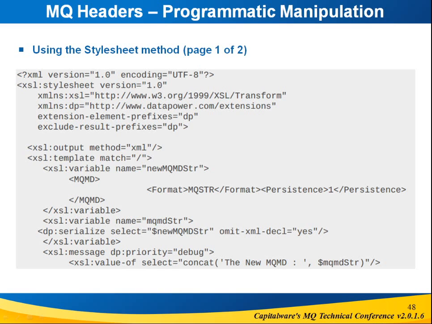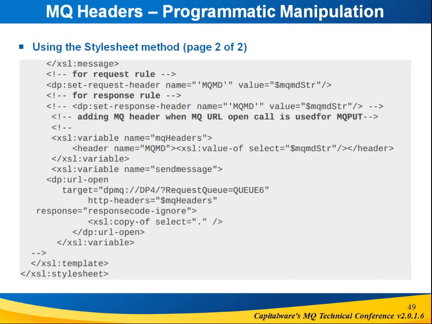So this is a snippet of a style sheet showing a template which is constructing a variable called new MQMDSTR, consisting of, again, the full XML layout of that particular structure, setting the format to MQSTR and the persistence code to 1. Having done that, we then serialize that particular string variable into a separate variable which is called MQMDSTR by itself, and then we can simply print out that information if we wanted to, and as shown here we're creating a log entry showing the contents of it.